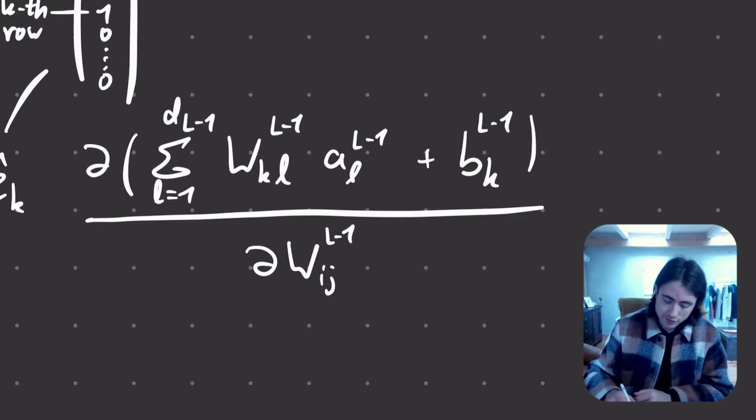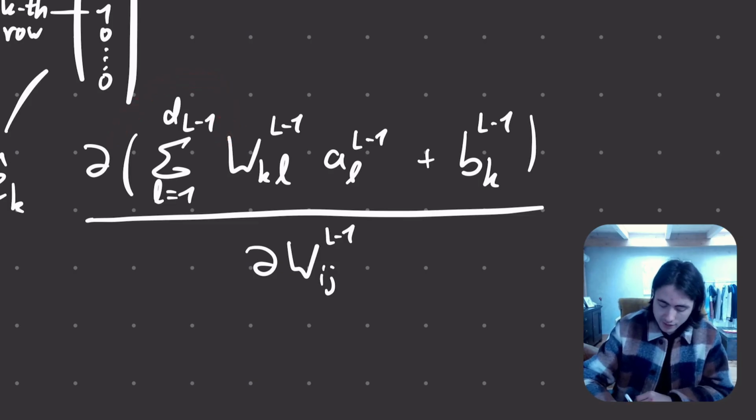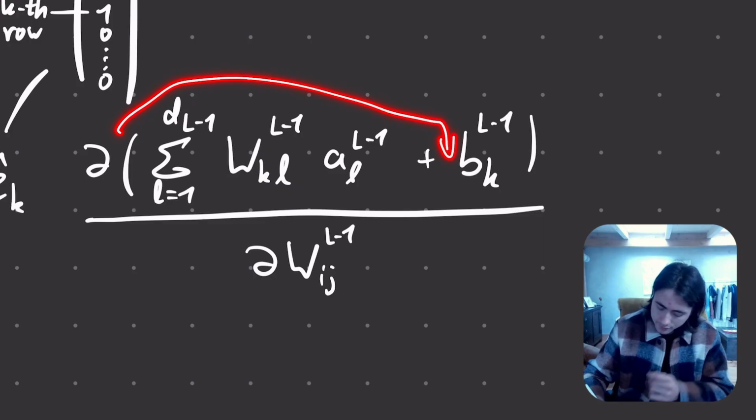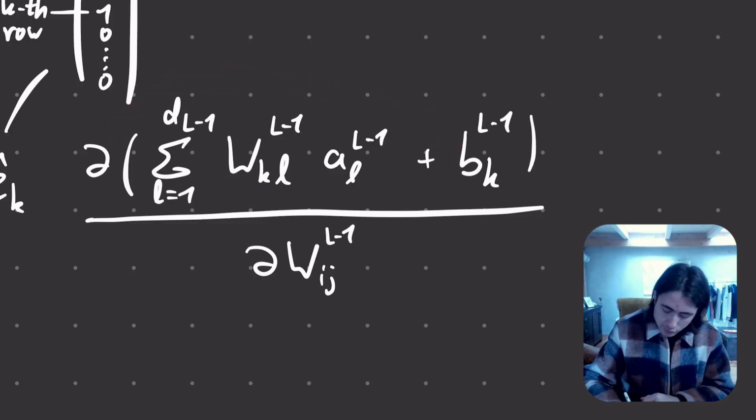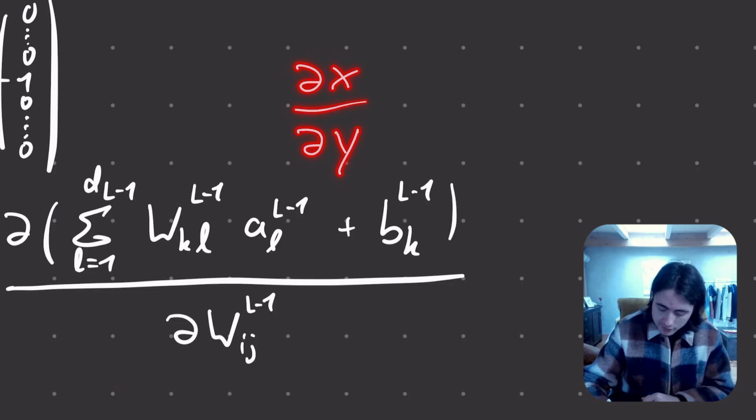And now we have broken it down so far that we can actually see what the gradient should be, right? So we can pull in the gradient into the sum here, and we can also pull it in front of the bias. But of course, when we differentiate some parameter, let's call it x, with respect to some parameter which is completely different, then we just get 0.